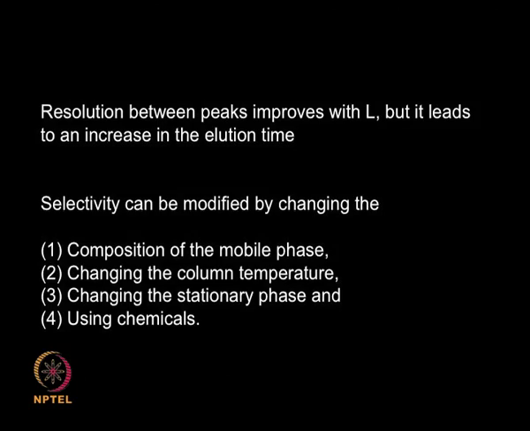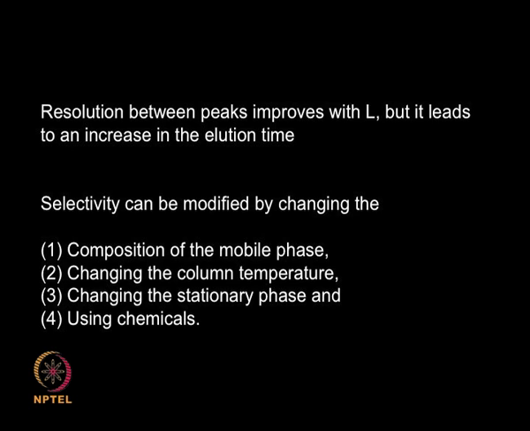So, resolution between peaks improves with the column length L, that means if I have a longer column I can move the two peaks slightly further apart, but it also leads to an increase in the elution time, that means the components will come out much more slowly. So, the selectivity can be modified by changing the composition of the mobile phase, that means I can make it more polar or more non-polar, I can play around with the composition.